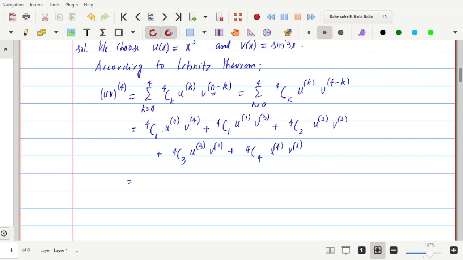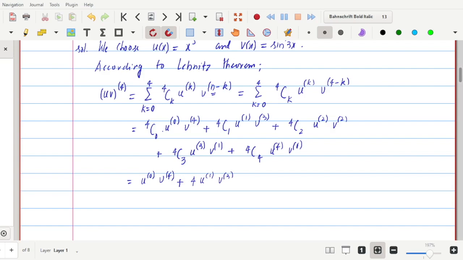But before calculating the derivatives, we first know that this 4C0 is equal to 1. So the first term is u0 v4. Then from the Pascal's triangle we can find out that this 4C1, or using the formula that is given in the theorem, we can calculate 4C1 is equal to 4 actually, and remaining we are left with u1 v3.